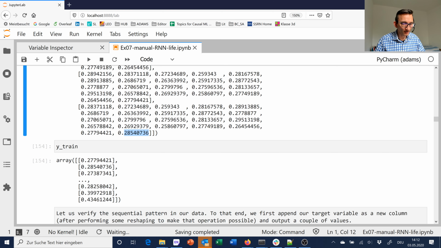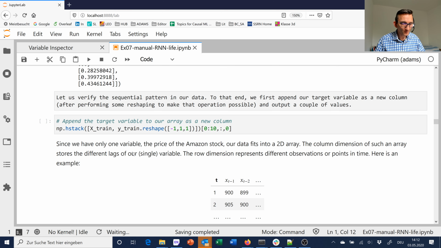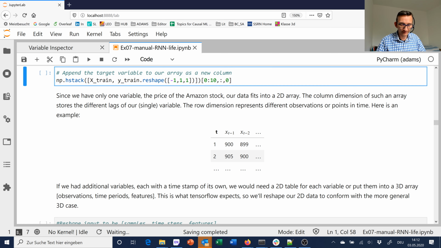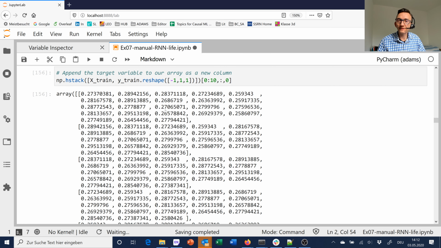All right, so almost set up. We could also re-append our target to the matrix X. I'm doing that here with this Numpy function, horizontal stacking. Then I get this shape once more, and that would allow me to really have the data structure that equates to the figure we were seeing earlier.